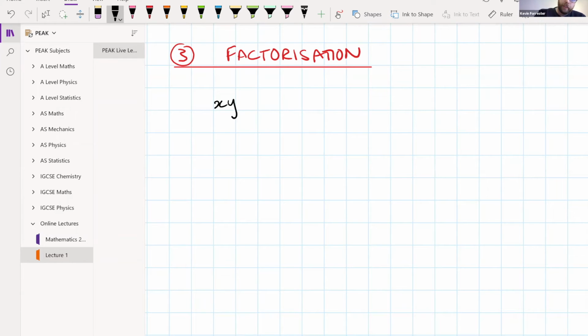Okay, so therefore we can say that x is a factor, so is y. And if I had to multiply this by 4, then 4 would also be a factor, and things like that.